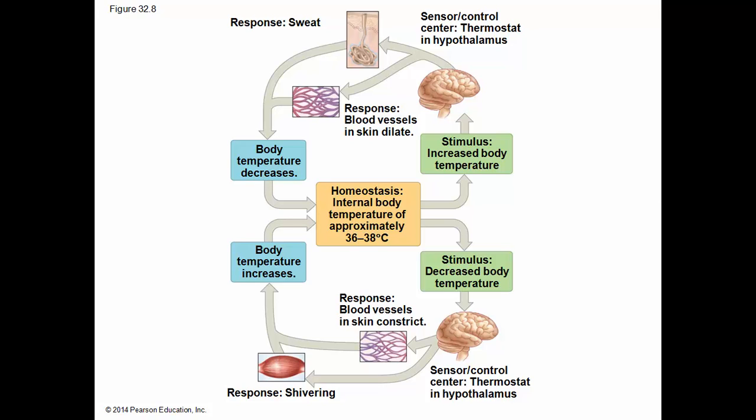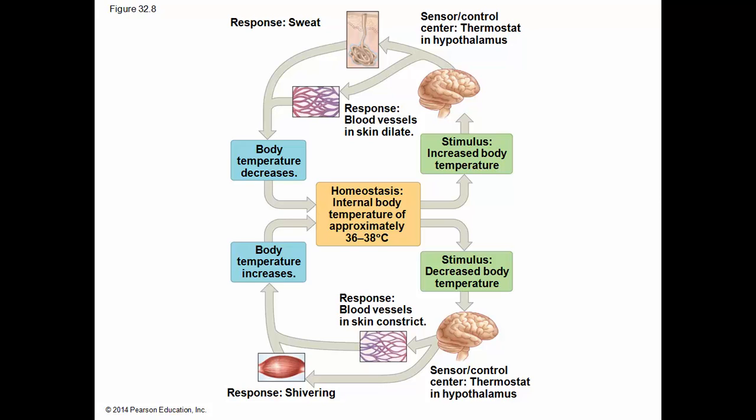Okay, here we see some thermostatic function of the hypothalamus in human thermoregulation. We'll start here with the stimulus of the increased body temperature. That causes the thermostat in the hypothalamus to activate cooling systems. The response is that the sweat glands secrete sweat, which evaporates, cooling the body.